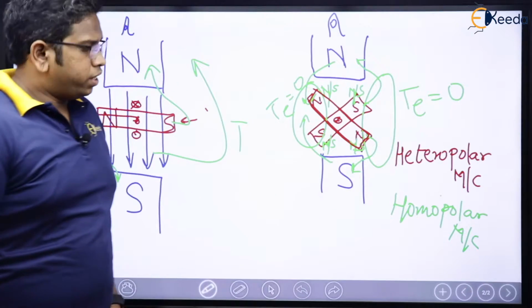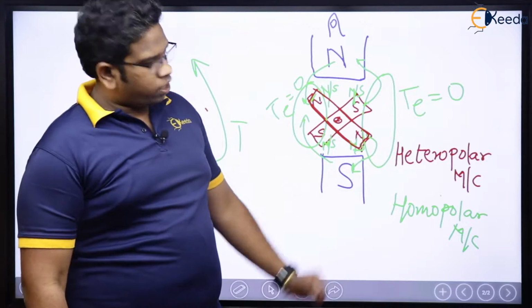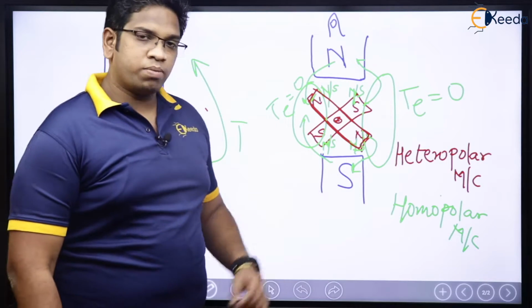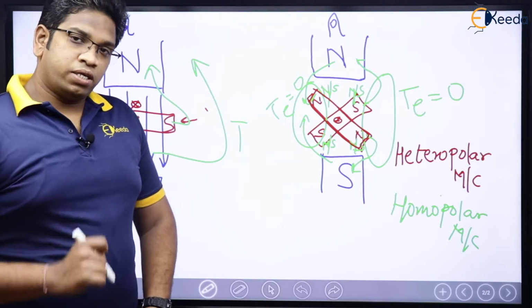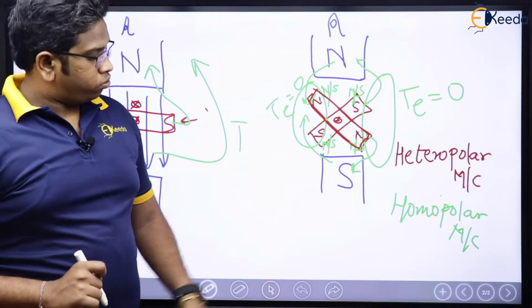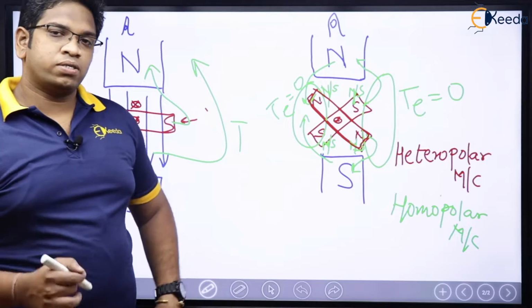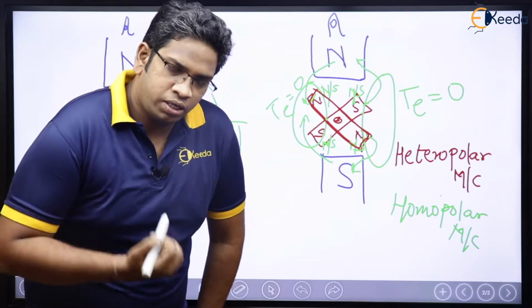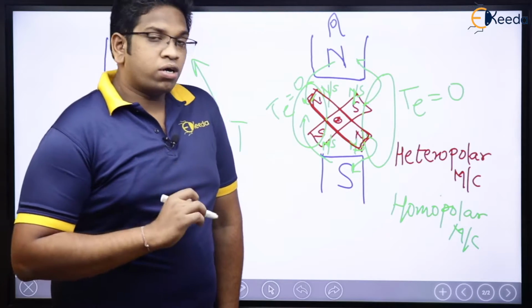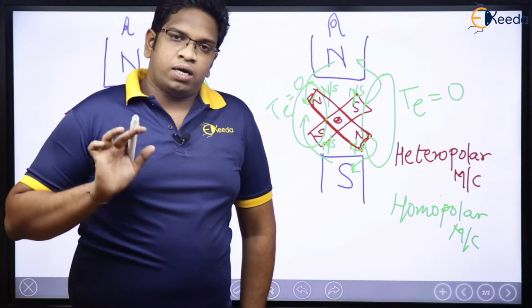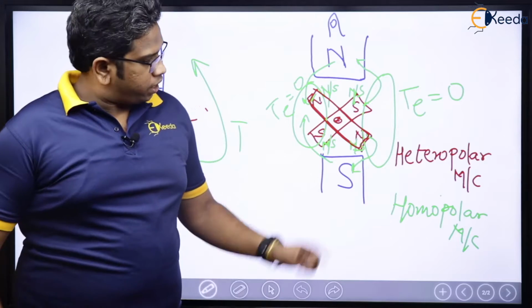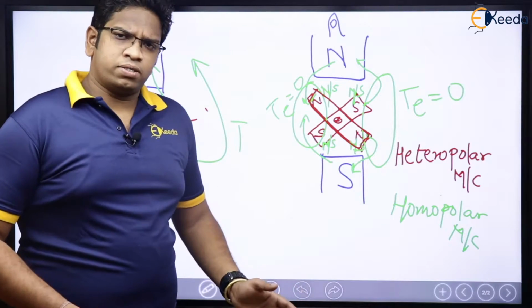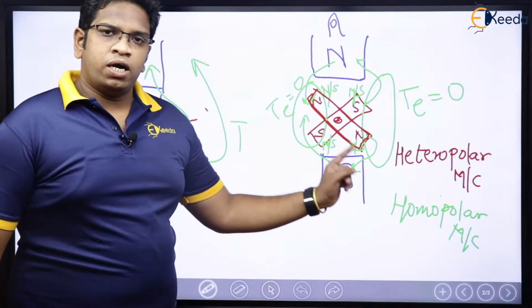Now, a student asks me, sir, why are we considering only the heteropolar machine and not the homopolar machine? Yes, there is a reason why we do not have homopolar machines in practice. There are some economical and electrical reasons as well. We will talk about them when the time comes. Right now, just remember that in the whole syllabus, in the whole existence, there will be only heteropolar machines.